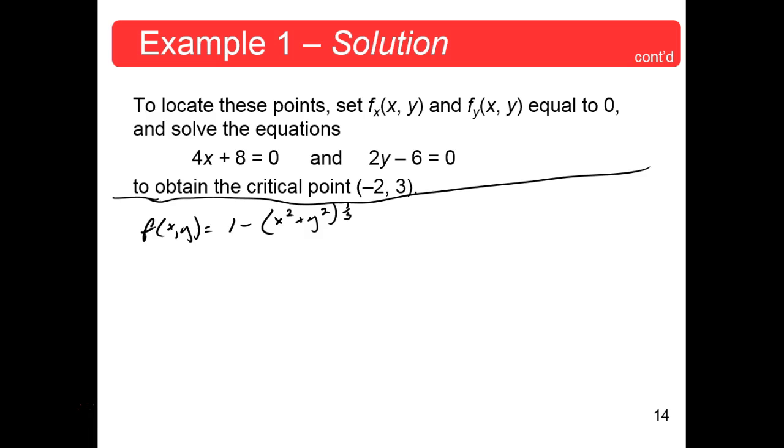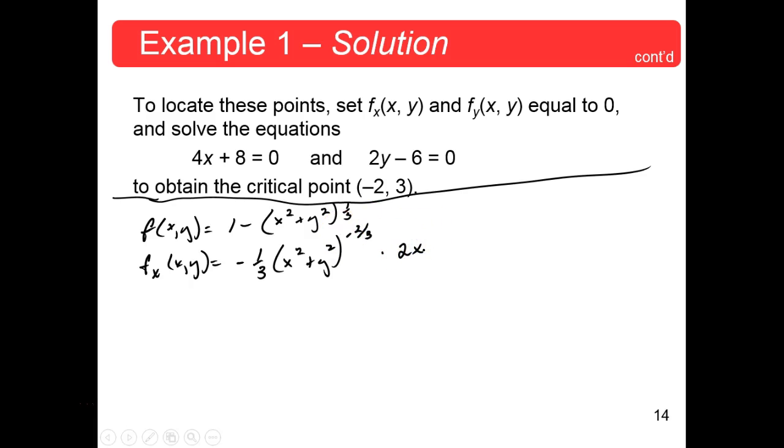partial derivatives, okay? So first thing we'll do is f sub x of xy is equal to, well, 1 doesn't produce anything for you. That's a 0. And then you have a minus 1/3 x squared plus y squared to the negative 2/3 times, chain rule, a 2x.